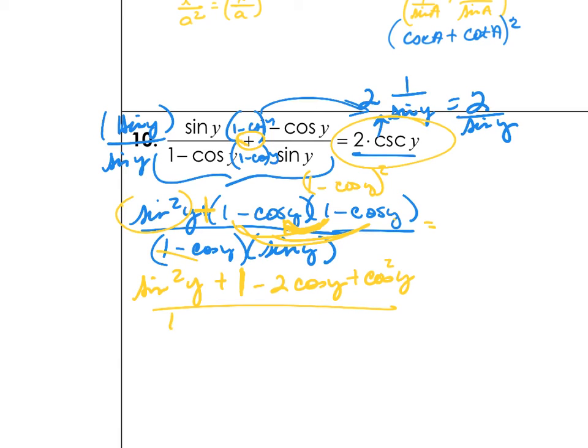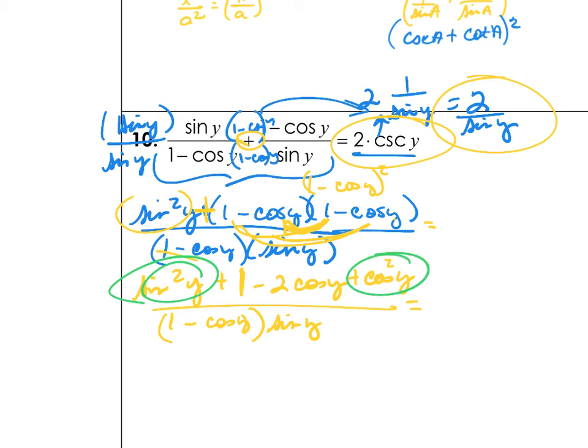the bottom, and I'm going to leave the bottom alone, in hopes that I want it to cancel and I want it to look like this. That's your goal, to get it looking like that. So I'm just going to rewrite. Okay, so this and this is 1.